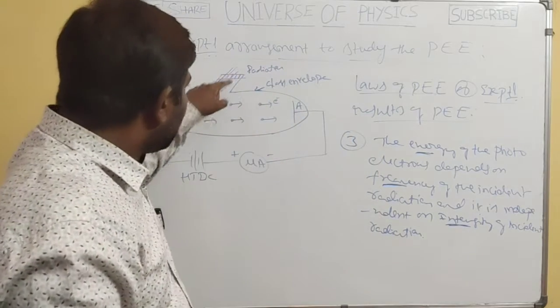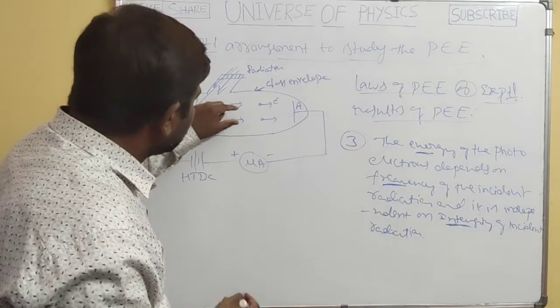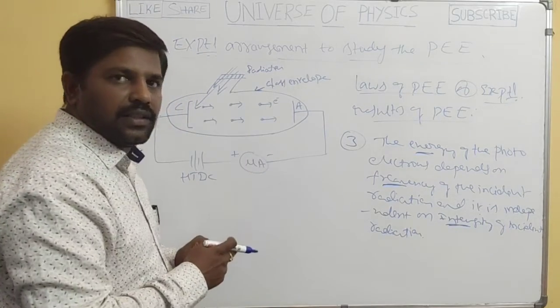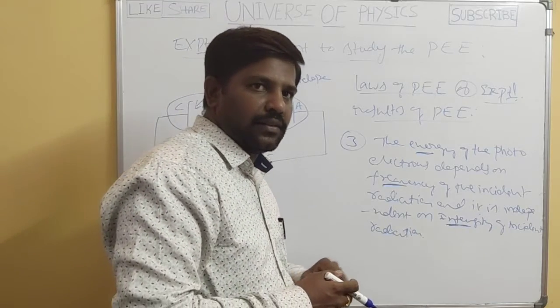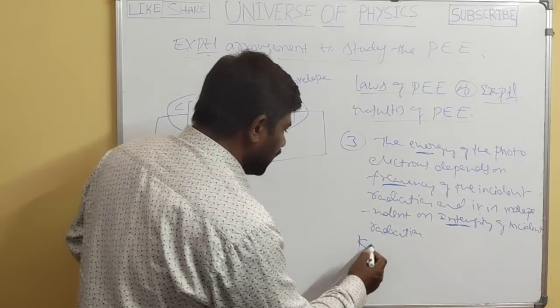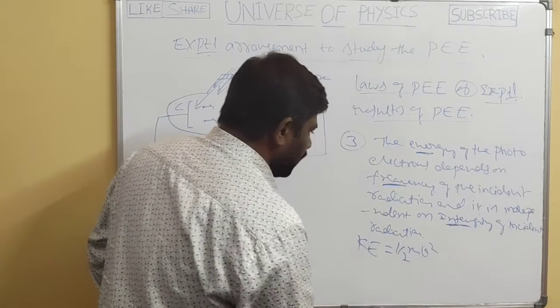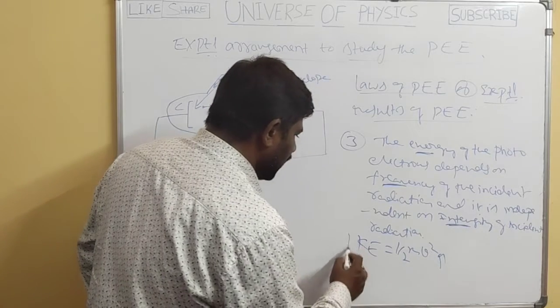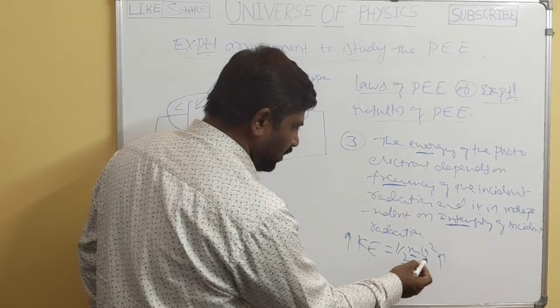If we increase the frequency of the incident radiation, the speed or velocity of the photoelectrons increases. If the velocity increases, obviously the kinetic energy of the photoelectrons increases, because kinetic energy is equal to half mv squared. Here v is more, so the kinetic energy is also more, because the mass of the electron remains the same.